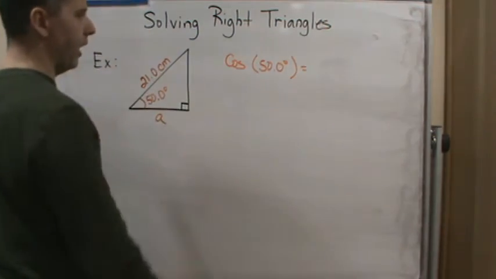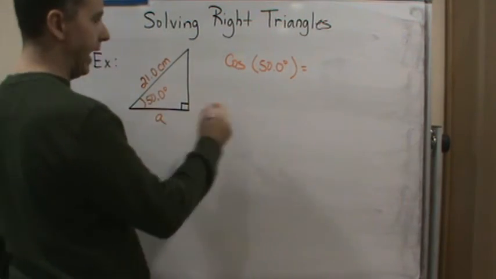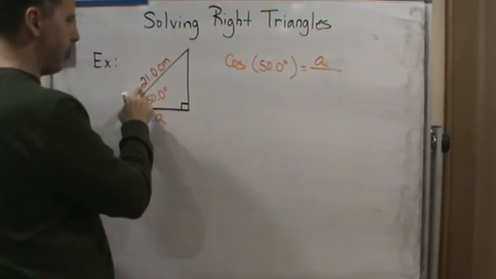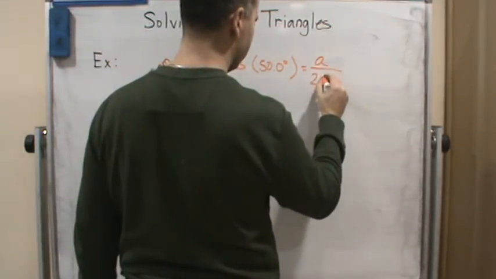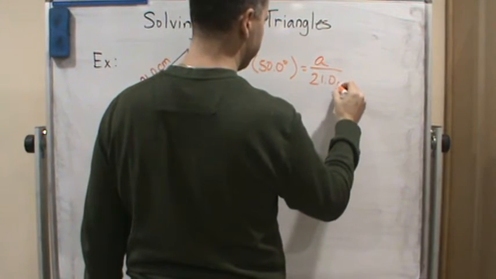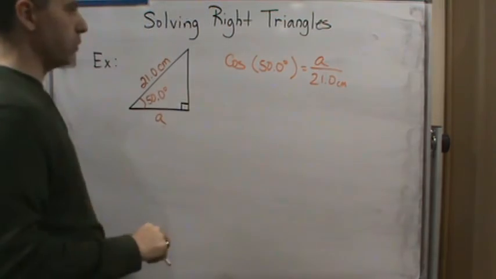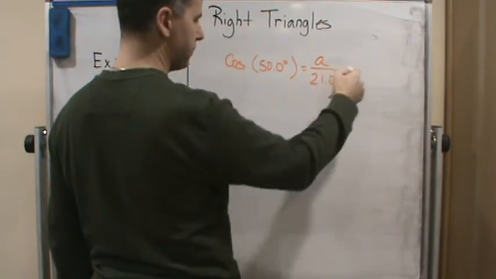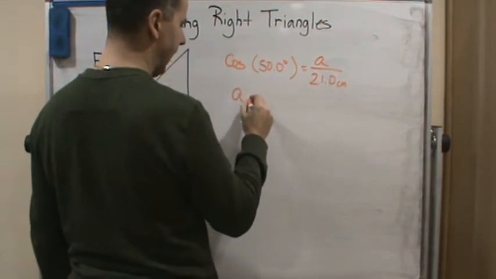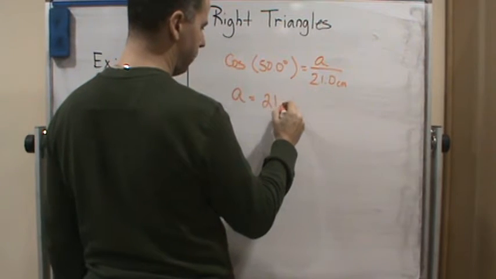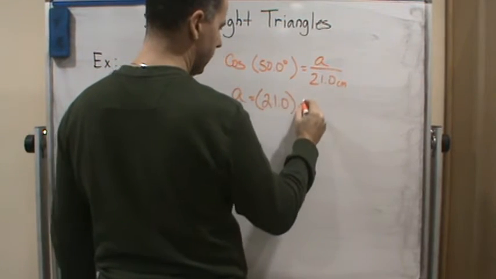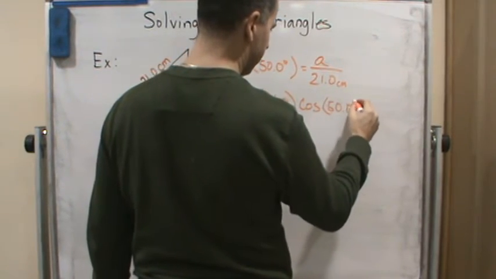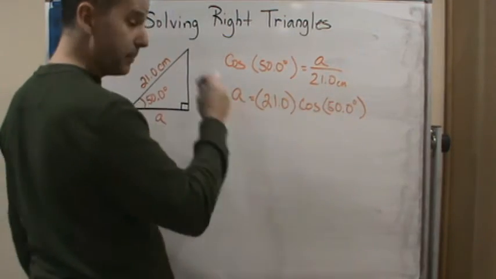So cosine of 50 degrees is A, adjacent over the hypotenuse, which is 21.0 centimeters. Now I can solve for A. All I have to do is multiply both sides by 21, and I get A equals 21.0 times the cosine of 50 degrees. And now I can just plug this in my calculator.